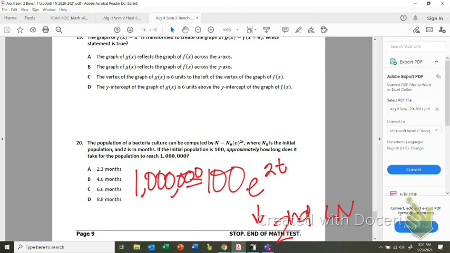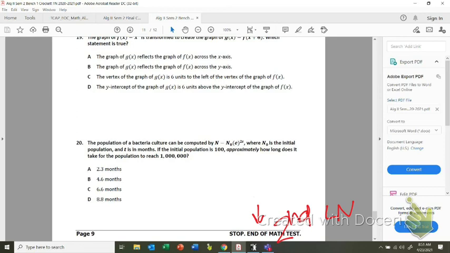What do you get for when you plug in 2.3? Or what's it closest to? So 9,000 what? Is that closest to a million? No. What about B? What does B give you?